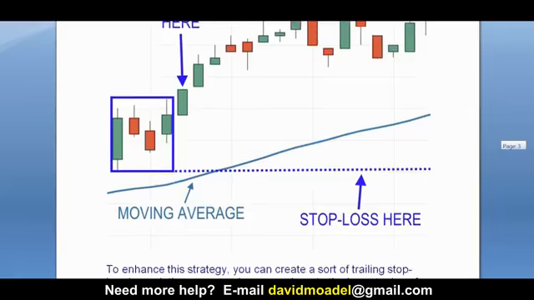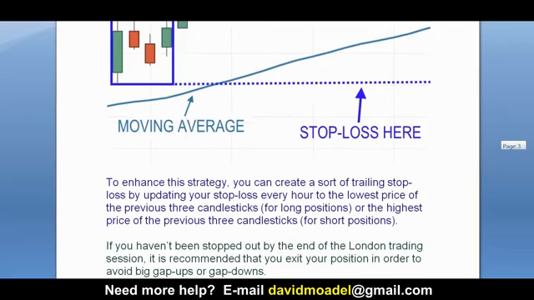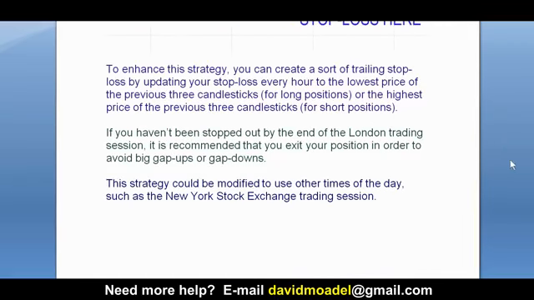Now, you can actually enhance or improve on this strategy. Here's how. To enhance this strategy, you can create a sort of trailing stop loss by updating your stop loss every hour to the lowest price of the previous three candlesticks for long positions, or the highest price of the previous three candlesticks for short positions. In other words, you can update where your stop loss is every hour.